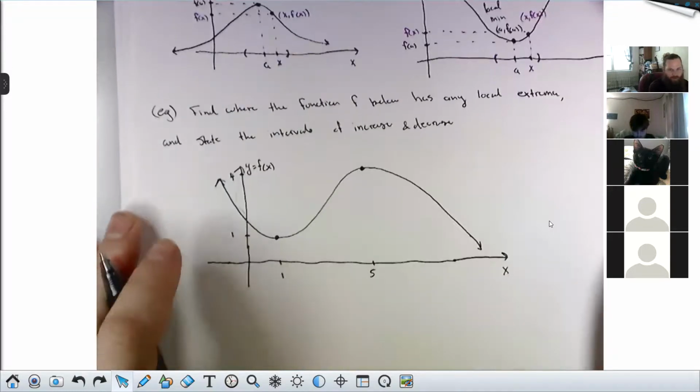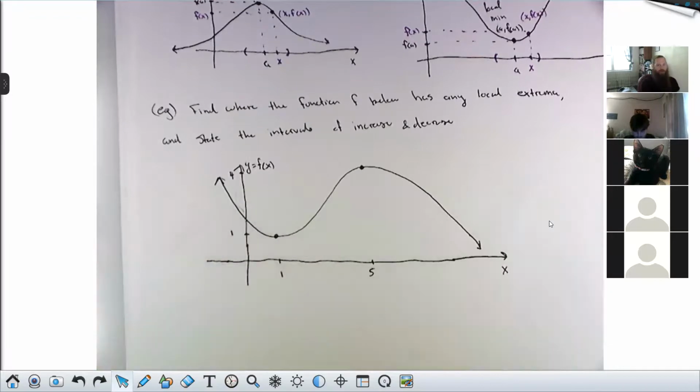So do we see any extrema, any mins or maxes? Yeah, Suzanne? Would it be 5 being the maximum because it's at the top of the graph?